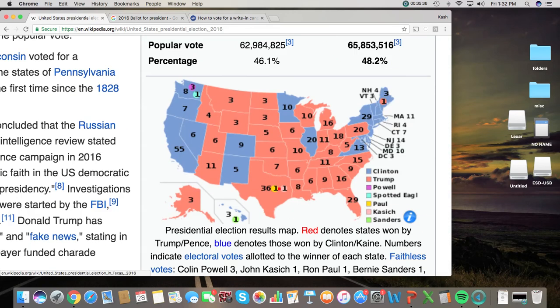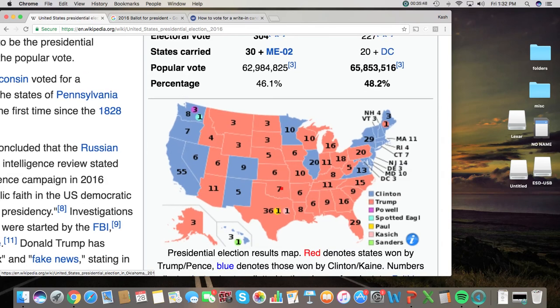You can see there was a couple of issues there where electors didn't vote the way they were supposed to, even though they're supposed to. Those are called faithless electors. They've never really made a difference in any election, and so we don't worry too much about that just yet. But you can see that Texas was a state that Donald Trump was pretty safe on getting.